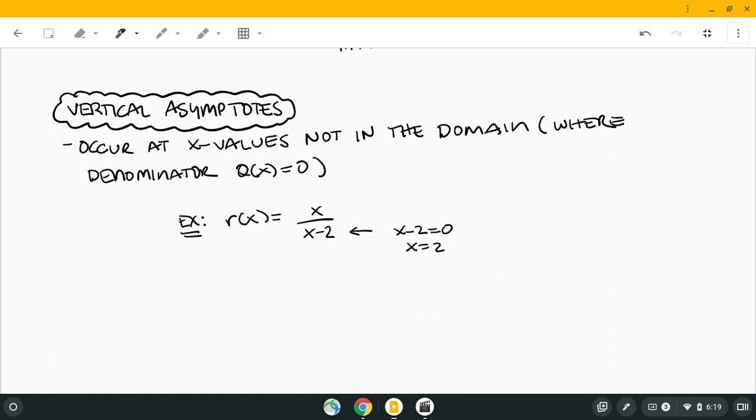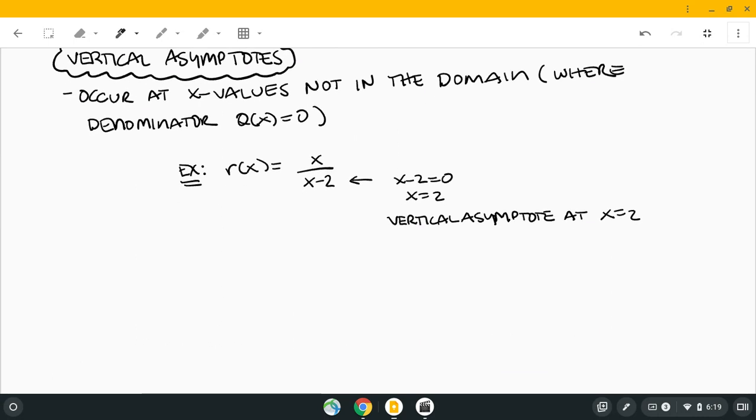So here you have a vertical asymptote at x equals 2. When we start to graph this, at x equals 2 you are not going to have a point on the graph there, because if you use 2, you get undefined, right? So right here, there is not going to be a part of your graph. Your graph will not cross this line.